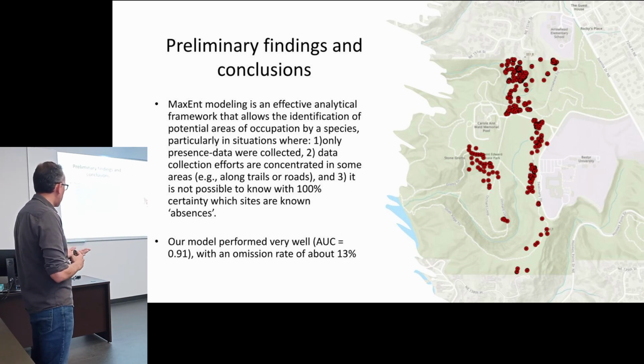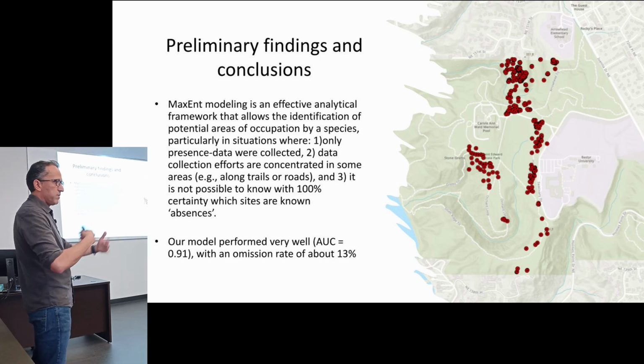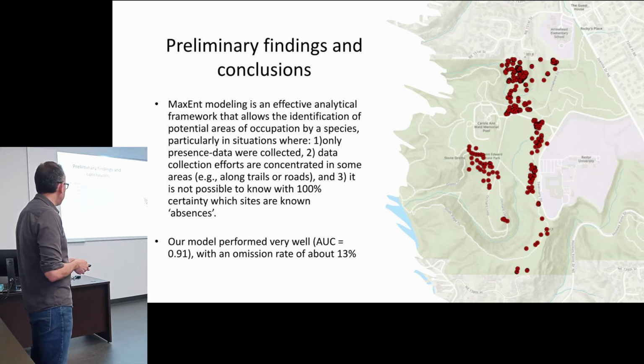Data collection efforts are concentrated, again, in some areas and not others, so there is some bias in the way that we collected the data, especially because we are not 100% certain which sites are absent, right? We don't know with 100% accuracy.